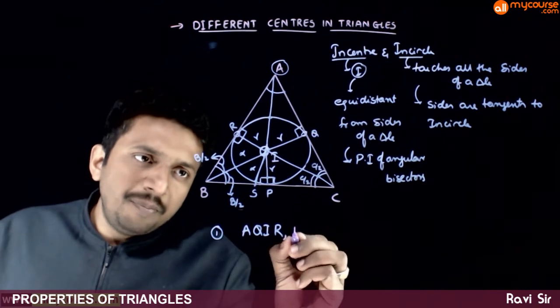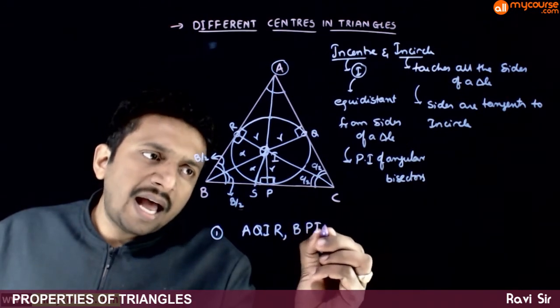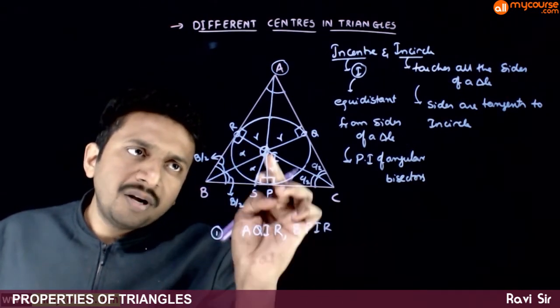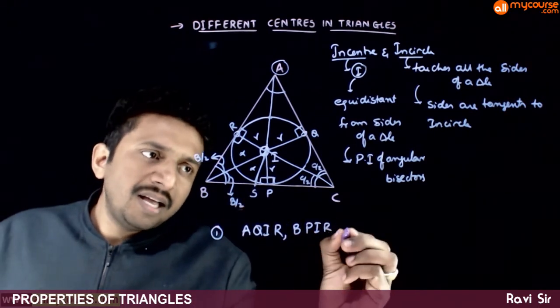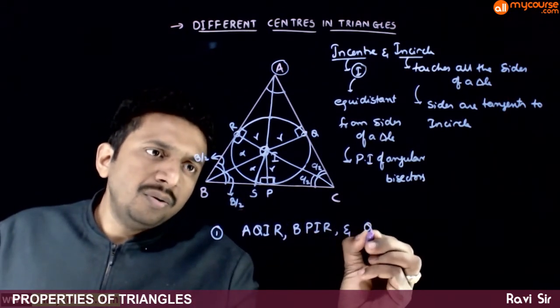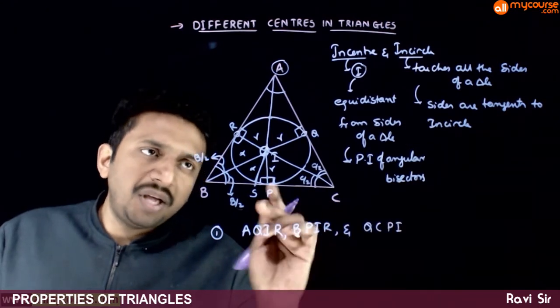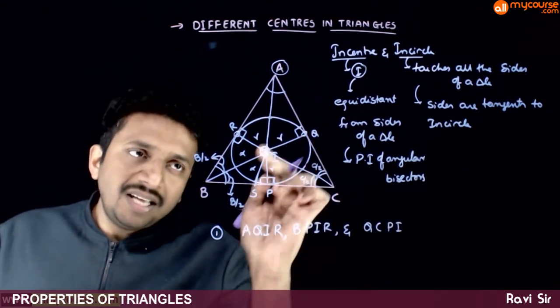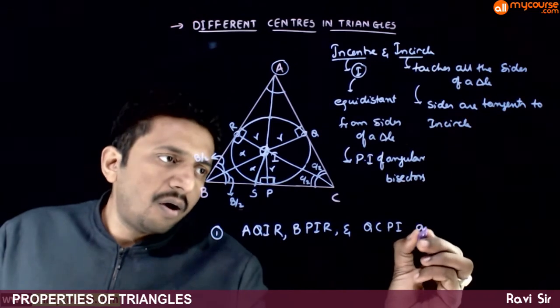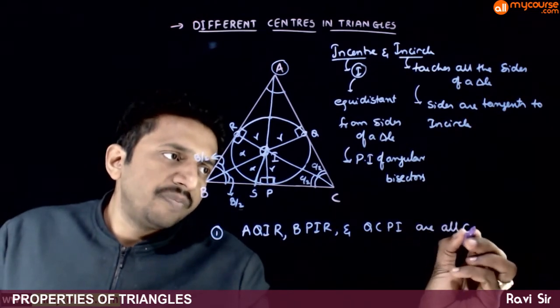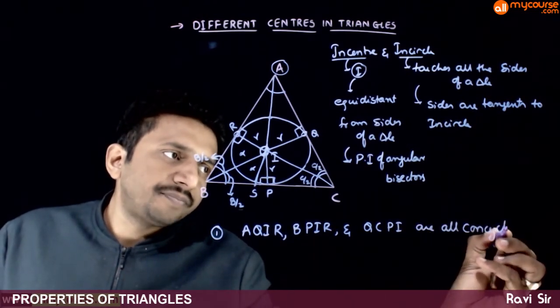Next, B, P, I, R, these four points are also concyclic, and C, Q, I, P, these four points are also concyclic.